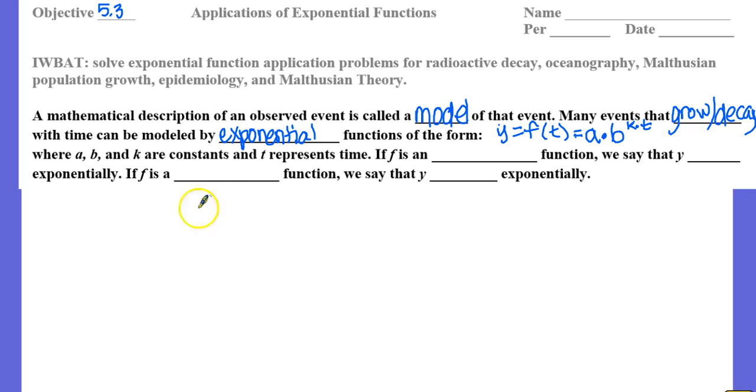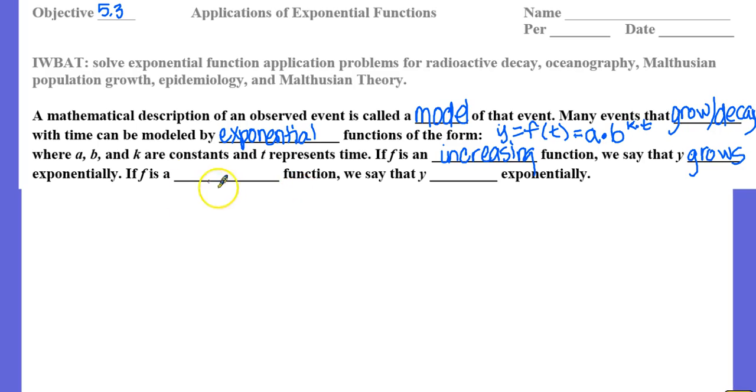Okay, so if the function is an increasing function, we say that y grows exponentially.